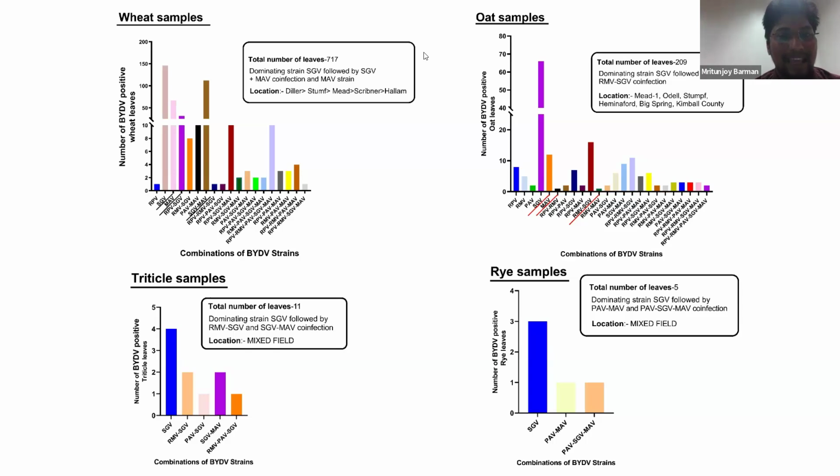After that, HGB MAB co-infected samples. Another interesting finding is we got a lot of samples with all different strains present. In oat, triticale, and rye we found a similar pattern, that is, HGB is the dominating strain. Next slide.